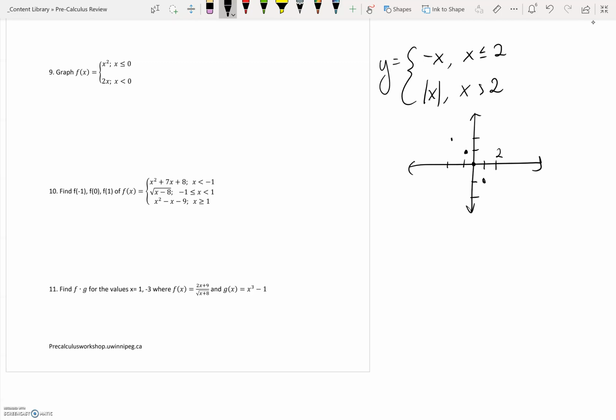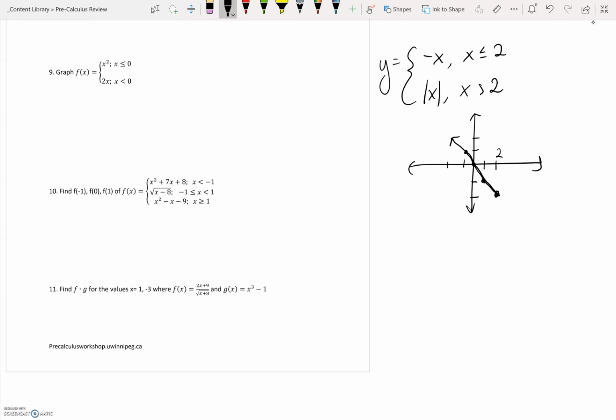And once we get here, it stops. But it's connected, and it's including 2, so make sure we close that hole. And I'll draw an arrow because x can be smaller or equal to 2, and it can go on forever in the negative infinity side.